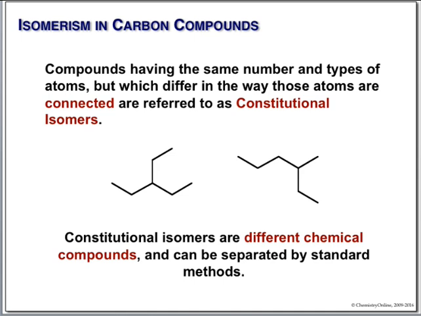This one has 1, 2, 3, 4, 5, 6 carbons. But if you look at the molecular formula for each, what is it for this one? This is C7H16. Total of 7 carbons, 16 hydrogens.